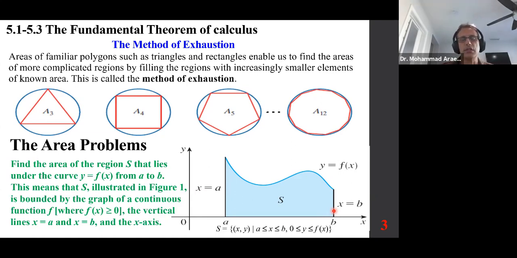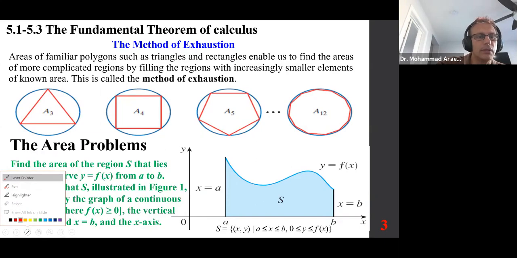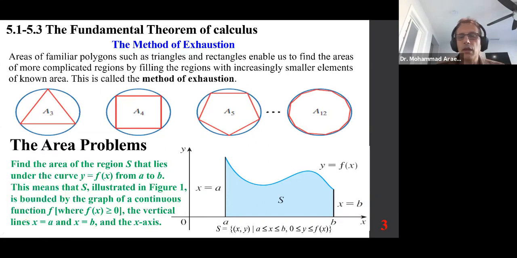The method of exhaustion says we cut the area as follows into many subintervals. So for example, if I cut this interval of a to b into 4 pieces, such that the width we will call delta x, and it's fixed at b minus a over n.